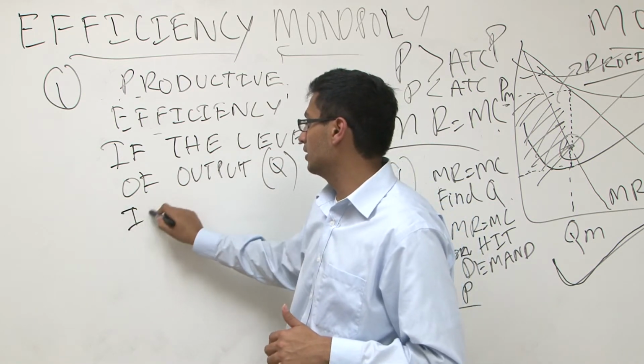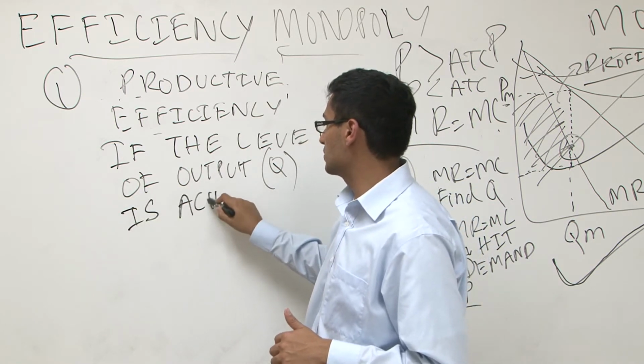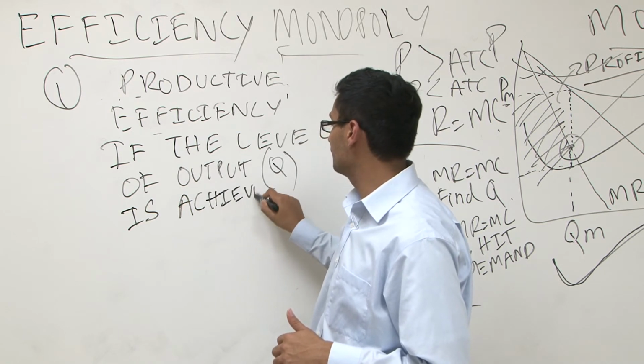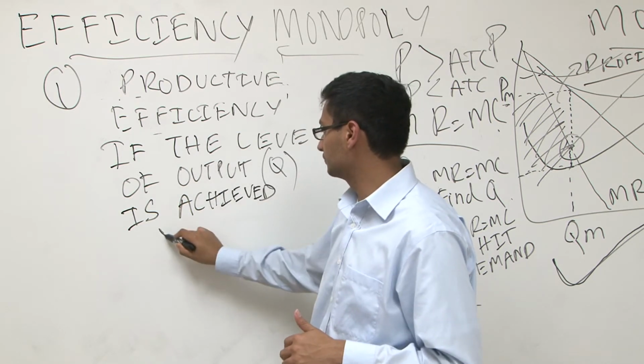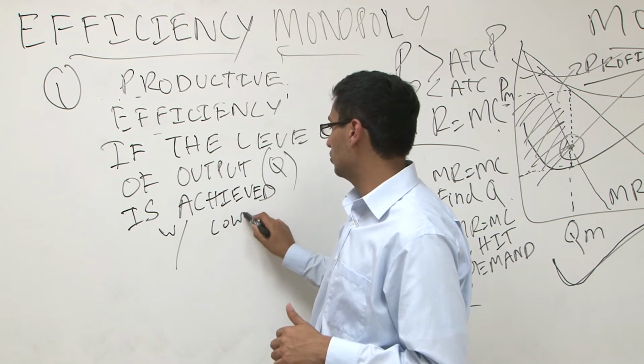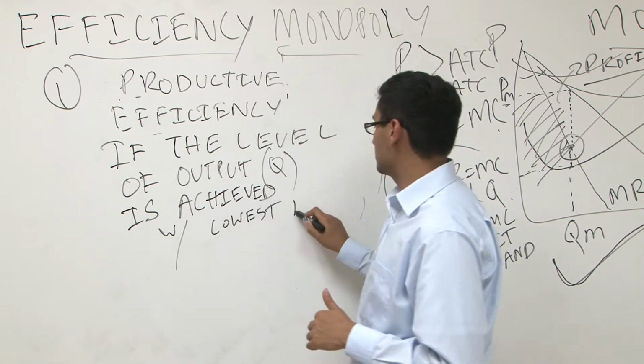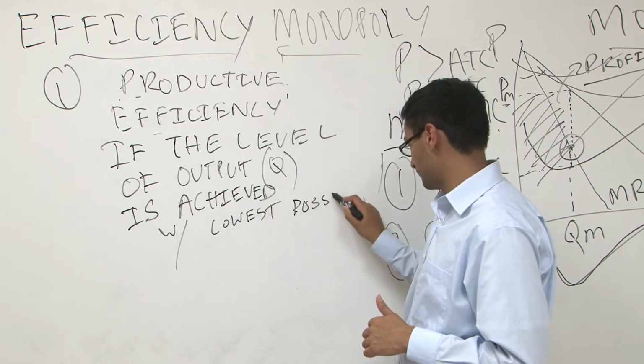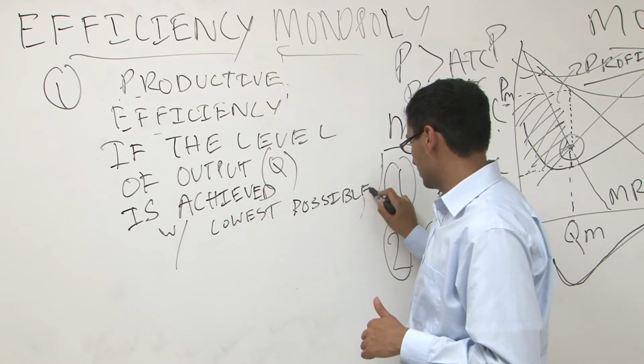Is achieved with the lowest possible cost. What does this mean? Lowest possible cost.